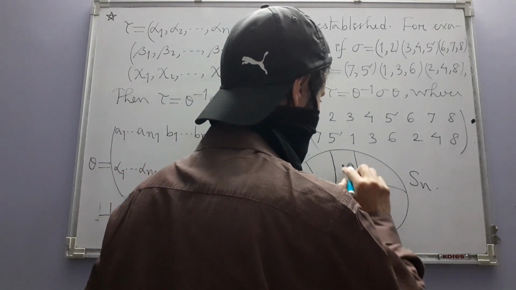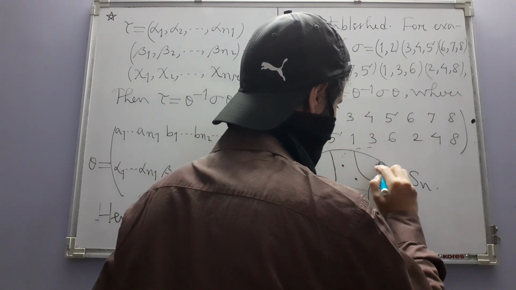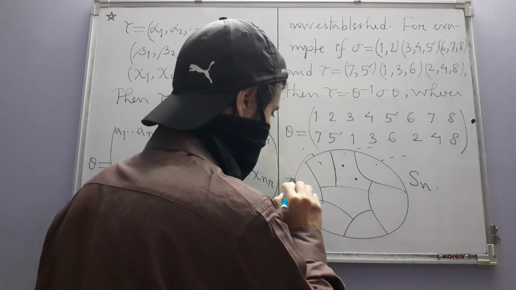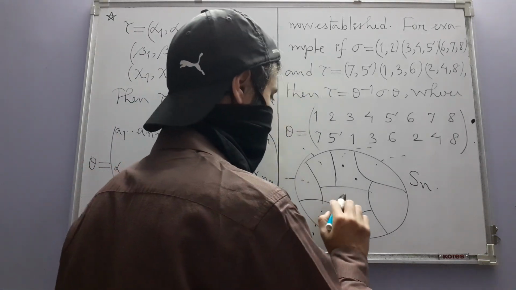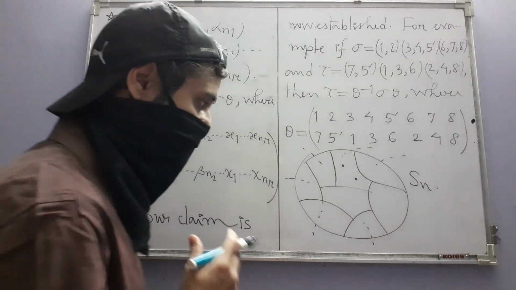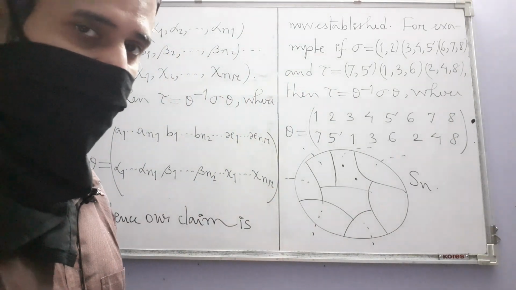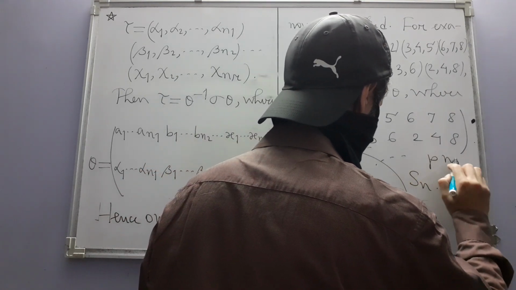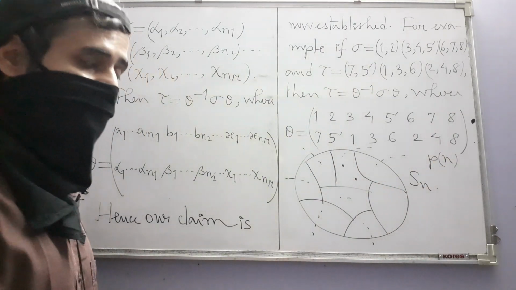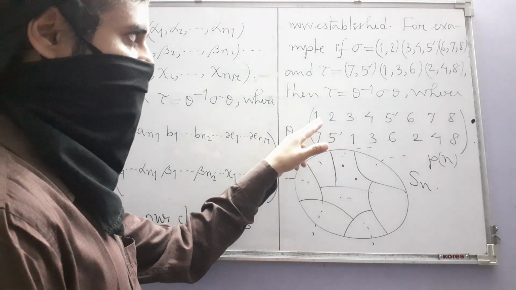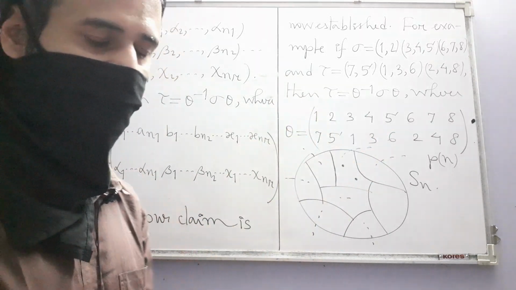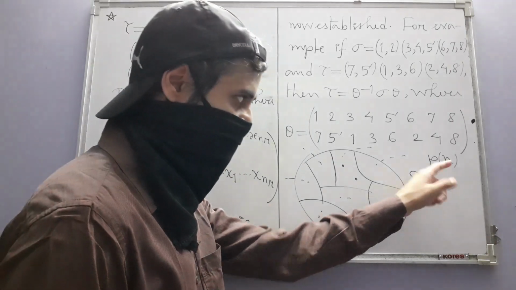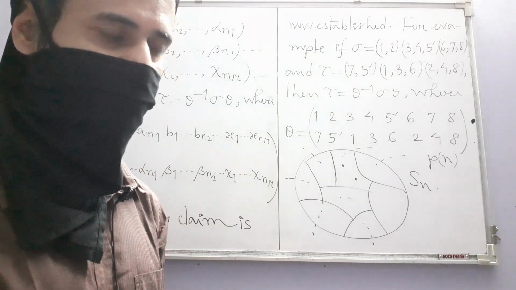So that means the cycle decompositions are determining the conjugate classes, and the number of cycle decompositions will determine how many conjugate classes there will be in Sn. And you know that number is nothing but the partition of n. Why? Because each cycle decomposition corresponds to a partition of n, and that's why the number of conjugate classes in Sn is the number of partitions of n.